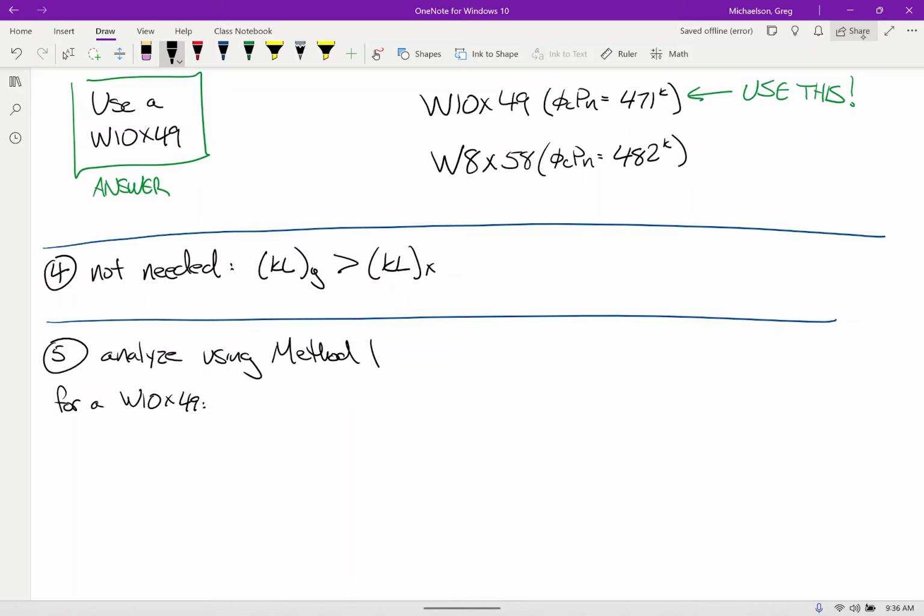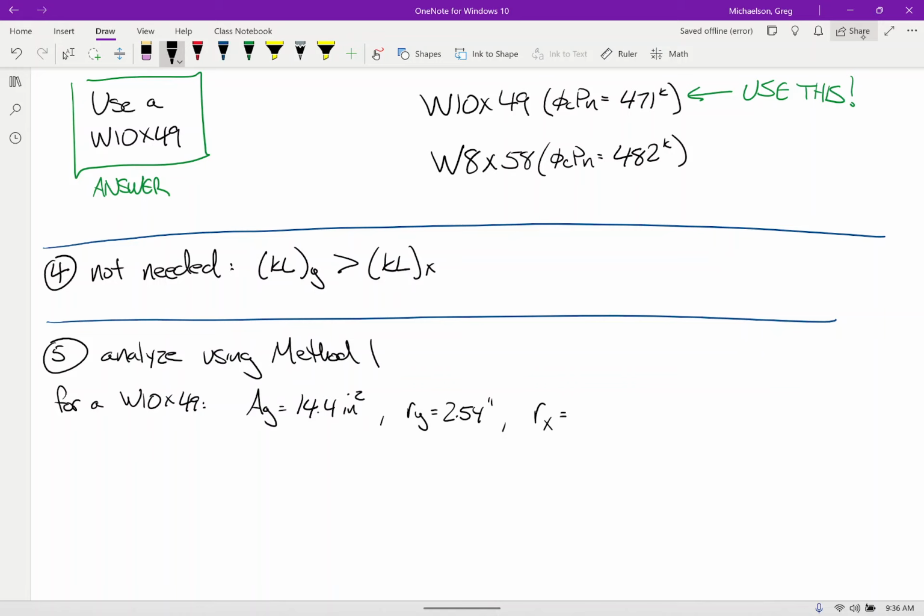So for W10 by 49, I've got that its area is 14.4. I've got that its RY... what's its RX?